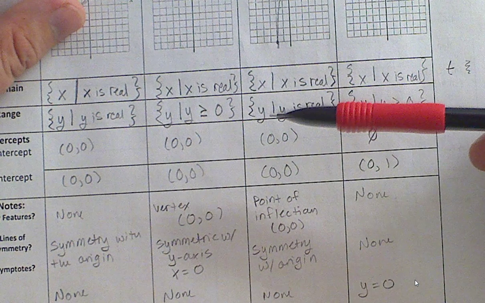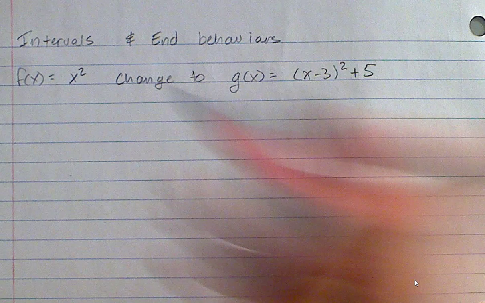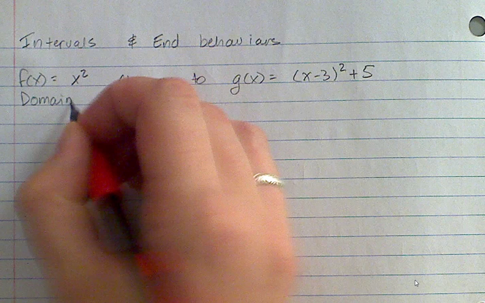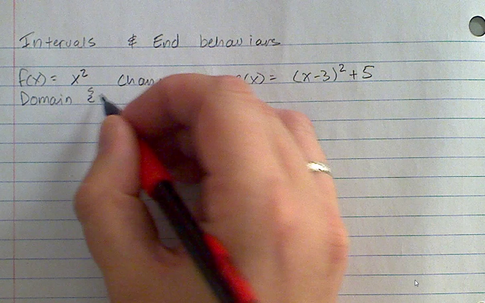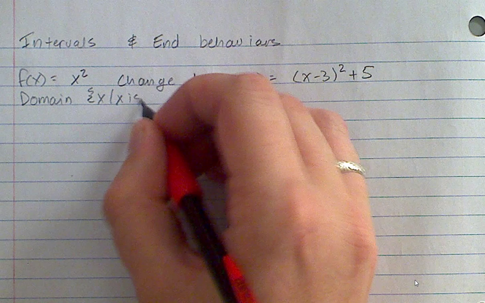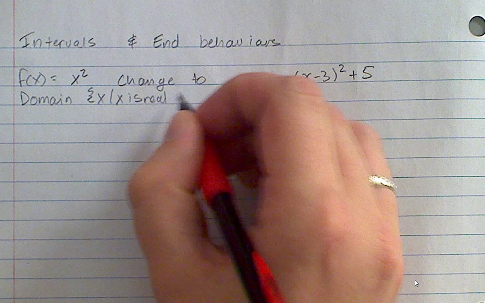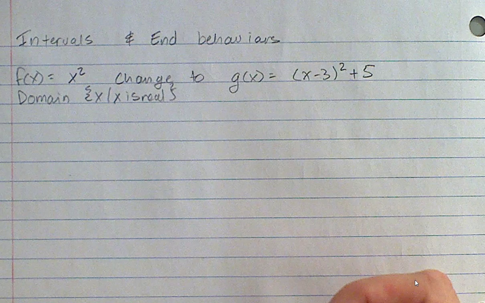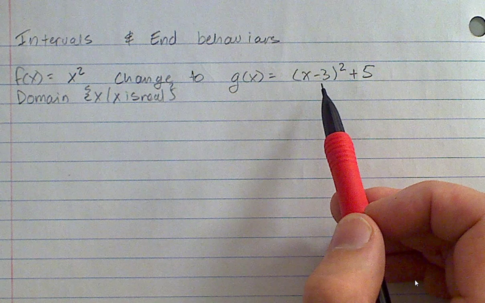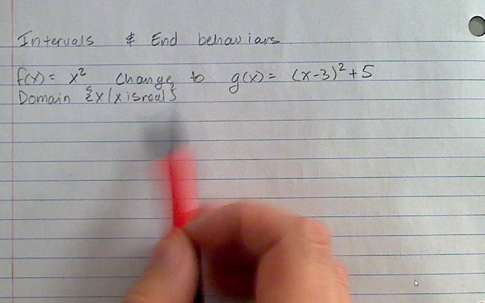So the domain of the original function was x such that x is real. So any real number works for the domain. Now, shifting it right 3, is that going to do anything to restrict the domain or to change the domain from what it originally was?